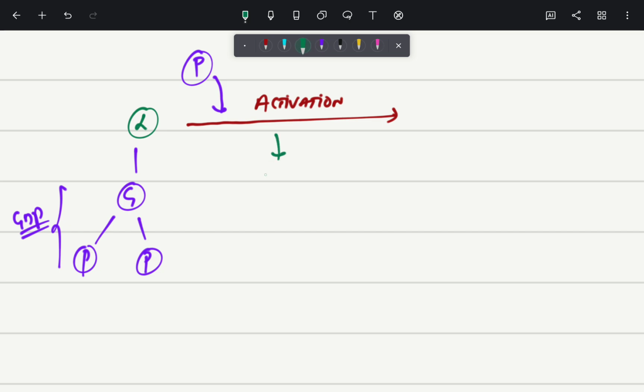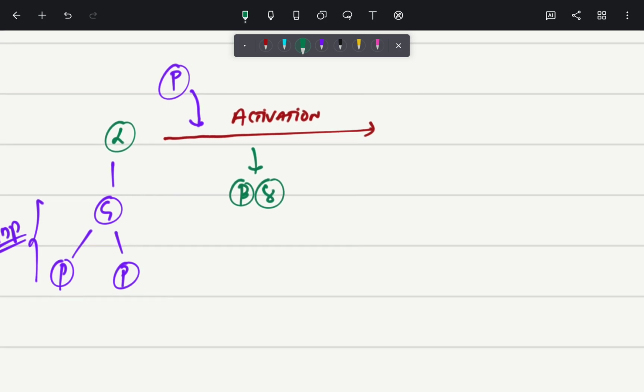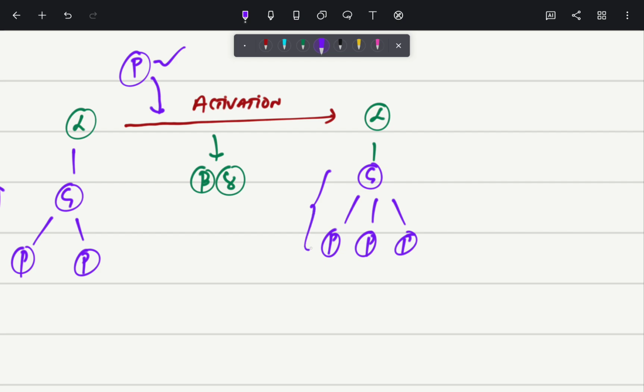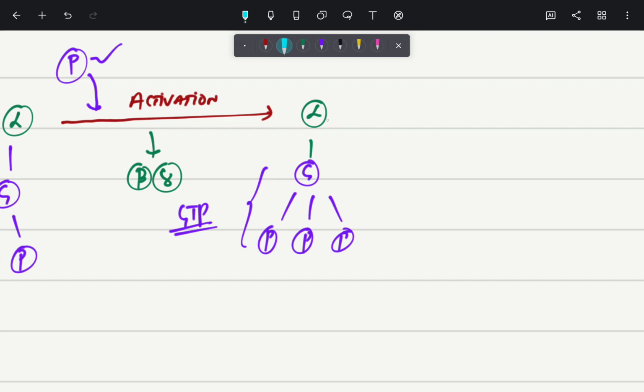And not only that, the alpha subunit will get separated from the beta and the gamma subunits. And eventually this is the alpha subunit, and to this alpha subunit we have the nucleotide which is your guanine, and during this step a phosphate was added, right? So 3 phosphates will be there, which is your guanine triphosphate.